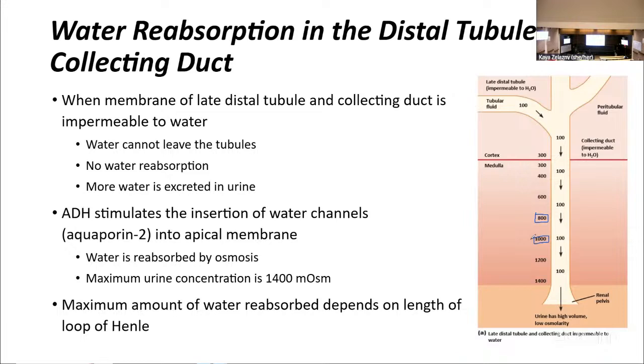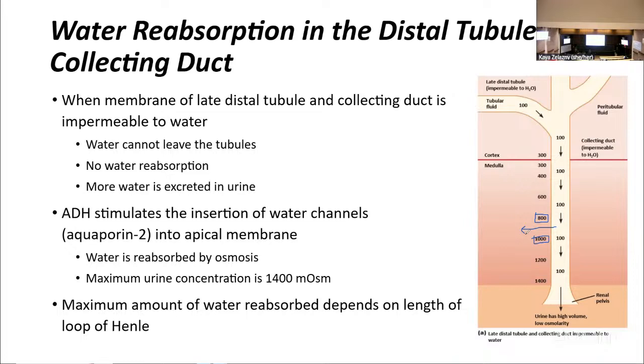So that's like the top part, right? Aquaporin, think aqua for water, porin, literally a pore for water to go through. So if we have these pores for water to go through, we have a permeable membrane. So the water is going to leave, going to the bloodstream, and that's going to be concentrating our urine because we're removing water.